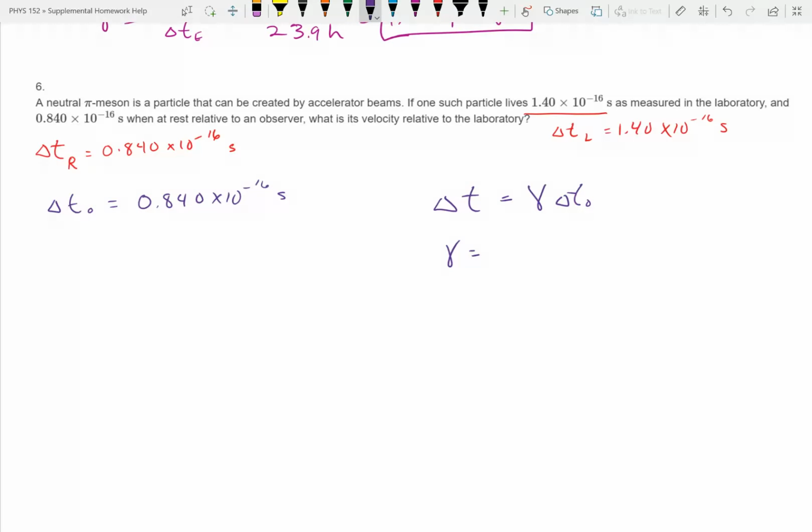Like the other time? Well, we just need to solve the equation for gamma. Oh, so it's going to be the times divided by each other? Which one's on top? We'll have the not proper time on top and the proper time on the bottom.